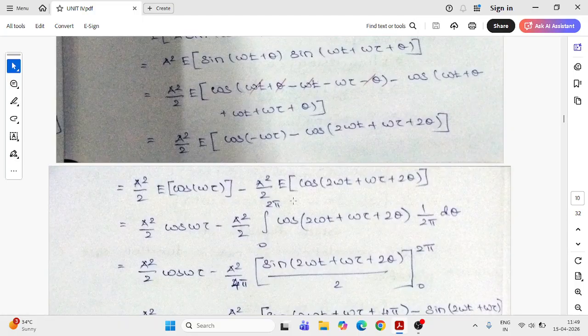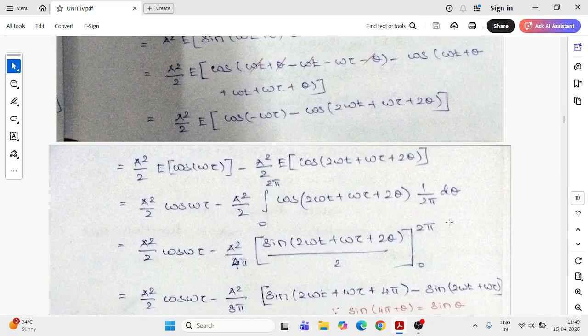This a square by 2 is common to both, so it is divided into two parts. So a square by 2, expectation of cos omega tau. There is no variable term here, so it is a constant and taken out. So a square by 2, expectation of the integral from 0 to 2 pi of cos(2 omega t plus omega tau plus 2 theta) 1 by 2 pi d theta.